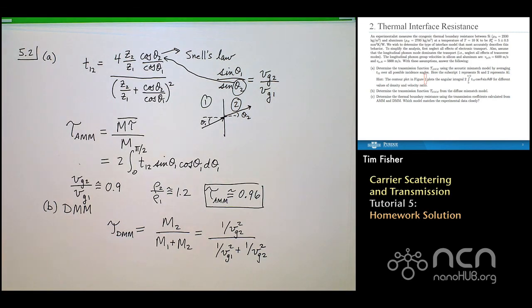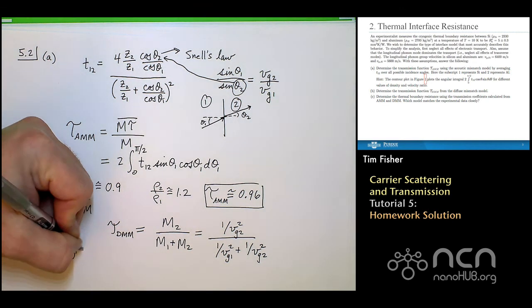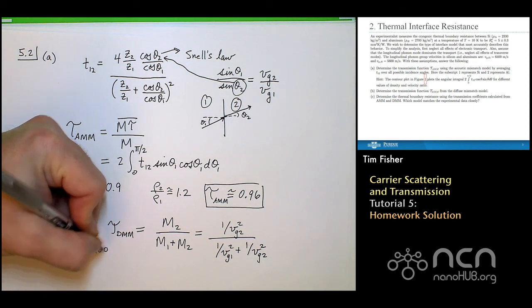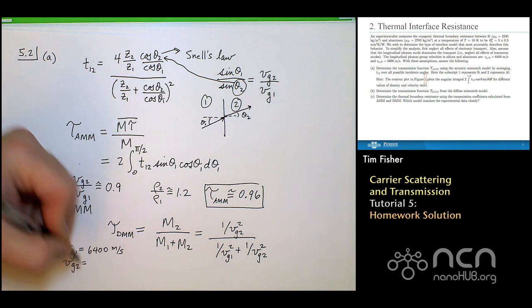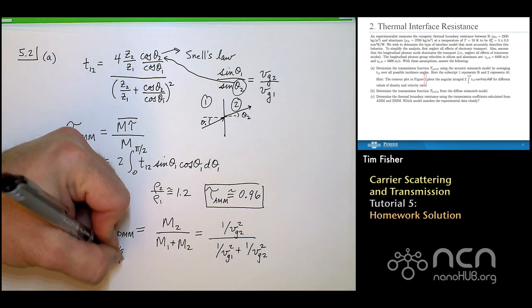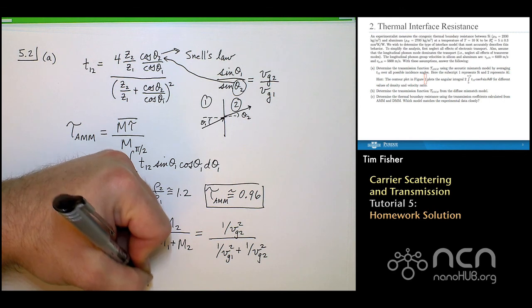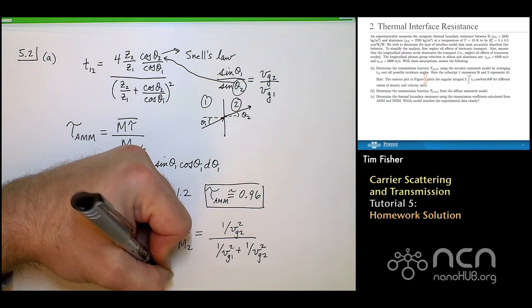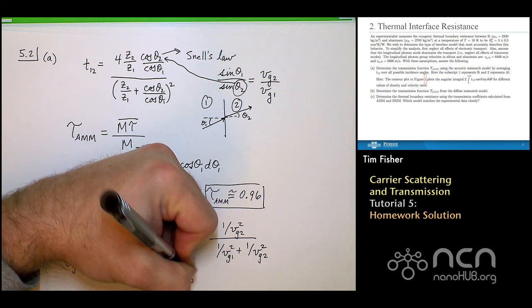Vg1 in this problem is 6,400 meters per second. Vg2 is 5,600 meters per second. And we find that the diffuse mismatch transmission function is therefore 0.56.